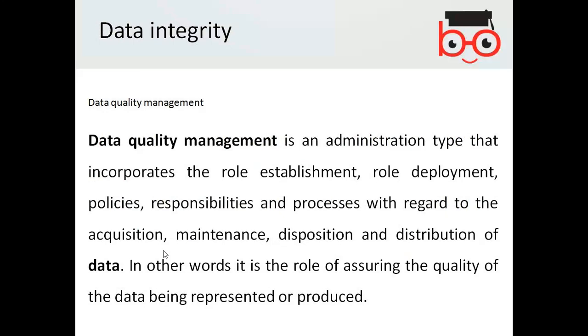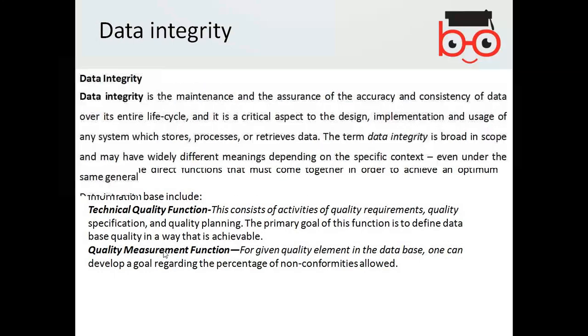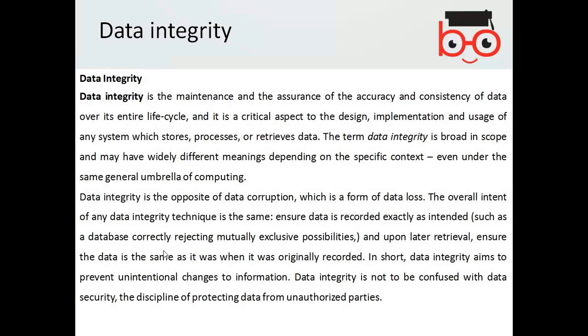You should consider the data quality, the database quality, and the integrity or reliability of the data, whether it is accurate or not, whether it is consistent, or whether there is any doubt in the data.